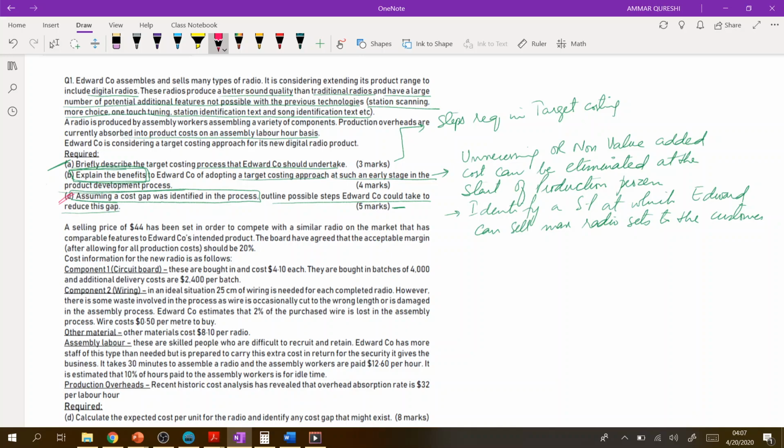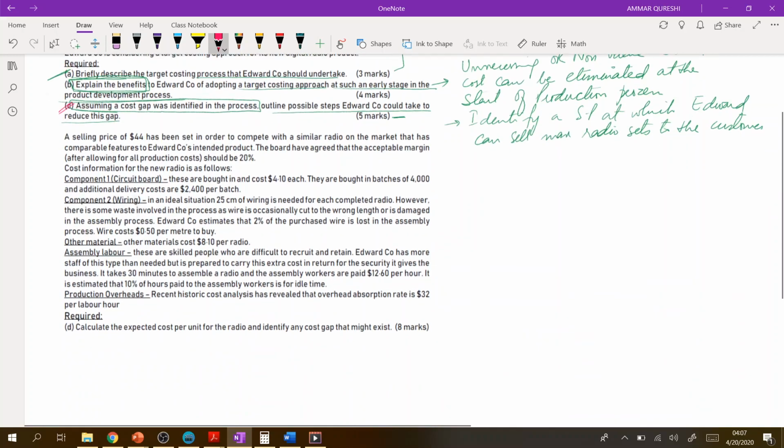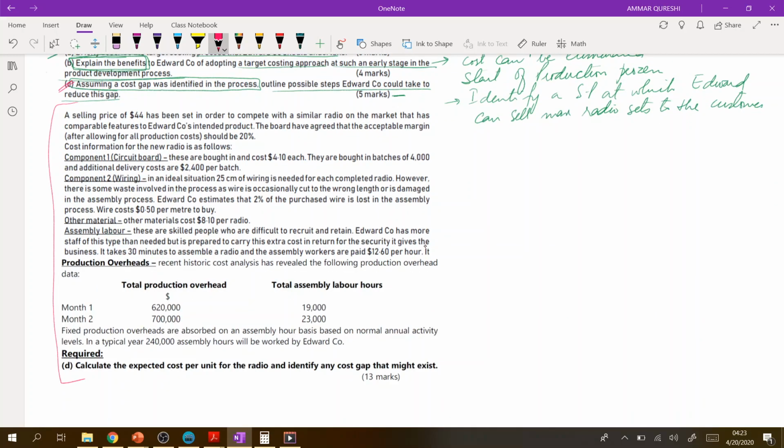Or if you really want to attempt part C first, then you should read what is given in the next part, because part C is actually connected with this part.